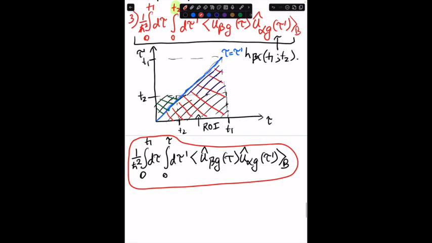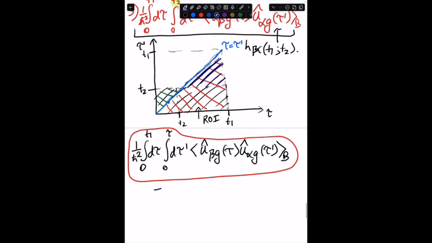Secondly, I'm going to subtract off this purple contribution here. What does this purple contribution mean? It means the integral from the lower bound t2 to the upper bound t1 along tau, d tau, and then tau prime lies within tau.